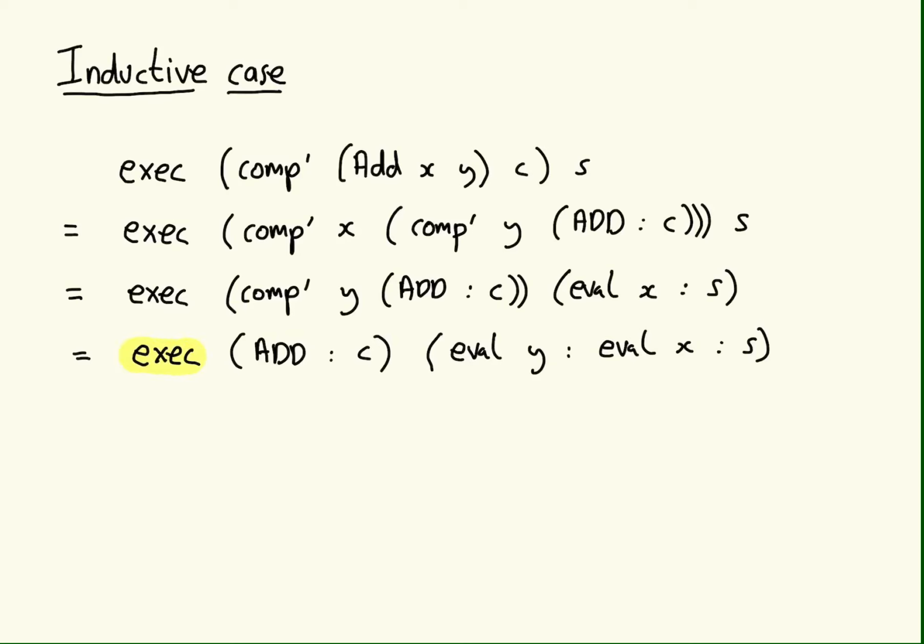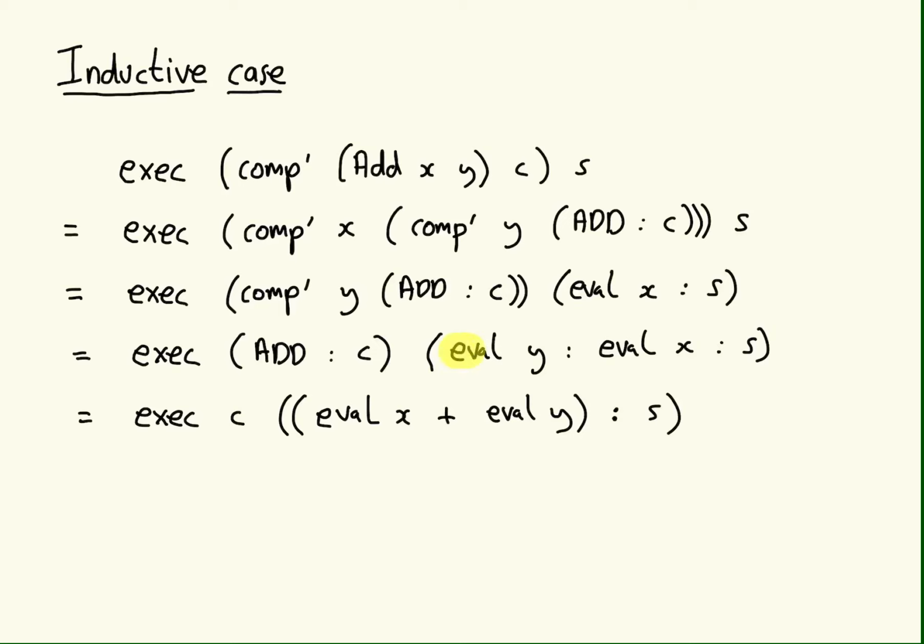Now we're executing the result of performing an addition on a stack which has 2 values at least on top of it, eval of y and eval of x. So we know how to perform an addition. That's just the definition of the execution function. So what we'll get then is execute the remaining code C in the stack, which is obtained by evaluating x and evaluating y and adding those two things together and then putting that on top of the stack.